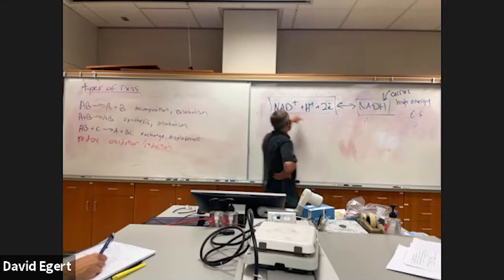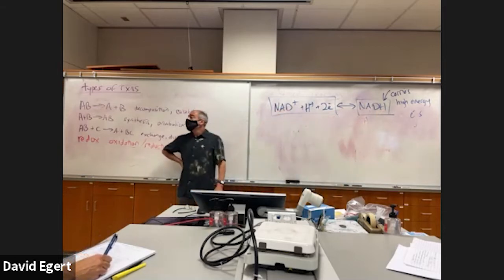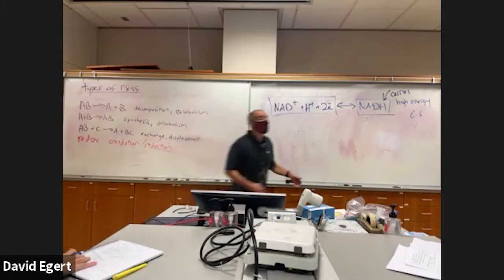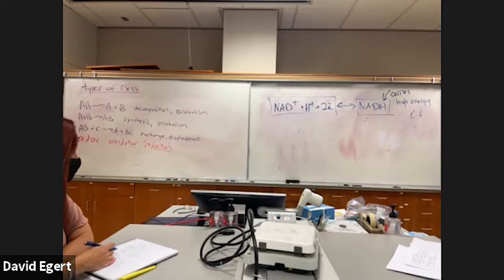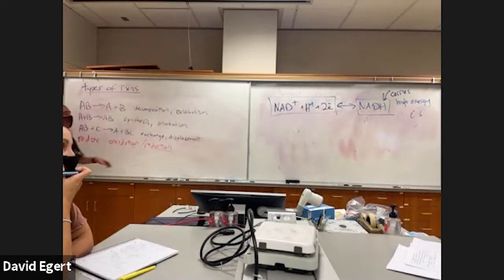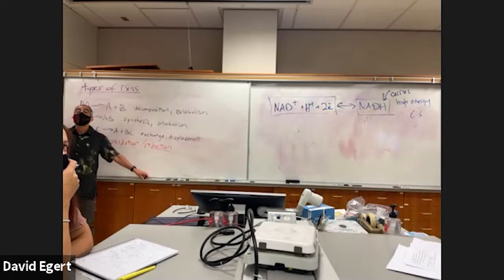And the NAD plus is the thing that has given them up and is ready to get recharged if it's got an appropriate source. Does that make sense? We'll come back and meet NADH in much more detail when we get into the mitochondria.